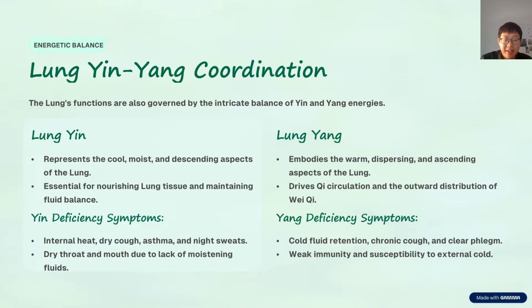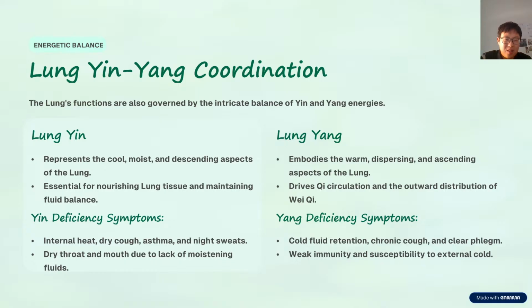If the lung yang energy is weak, cold and fluid accumulation in the lung may occur, which may cause coughing and wheezing. What does that mean? Because we talked about the lung energy movement before, right? But the energy in the lung can also be divided into two directions, which are the yin energy and yang energy.